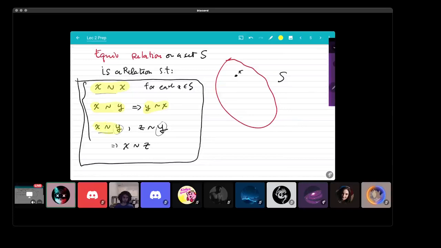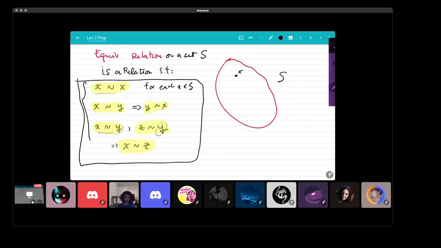If something is similar to something that is similar to another thing, then they're all similar. Or they belong to the same category, if you want.